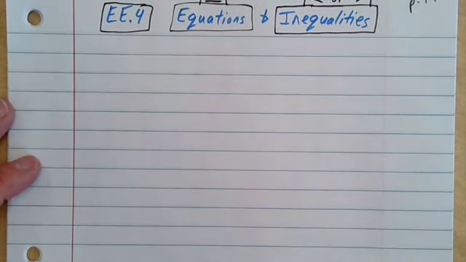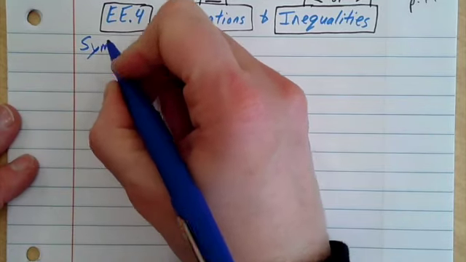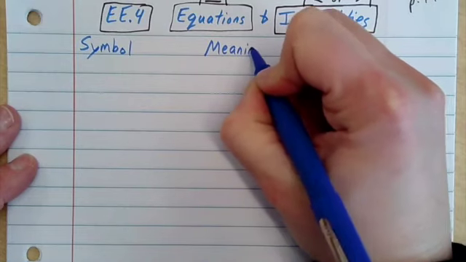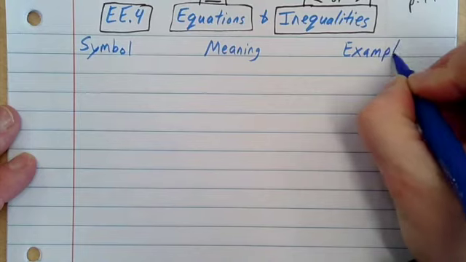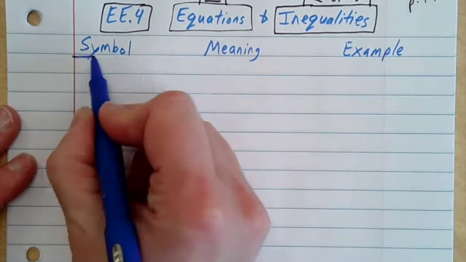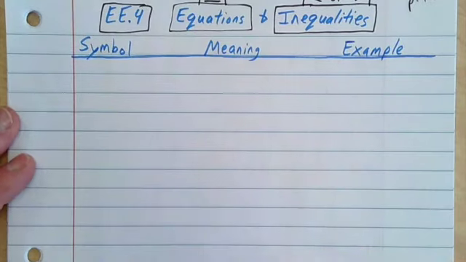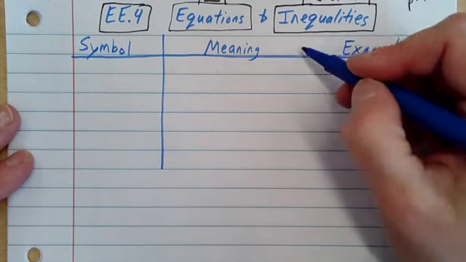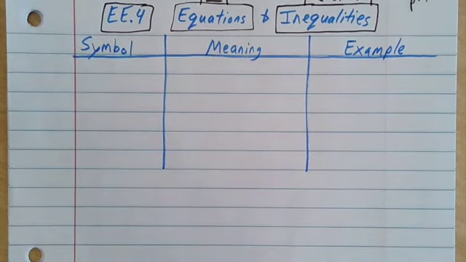We're going to make a little chart. Our chart has a symbol, the meaning, and then I'm going to give you an example. So we'll go there for now, and then we'll add on to it as needed.